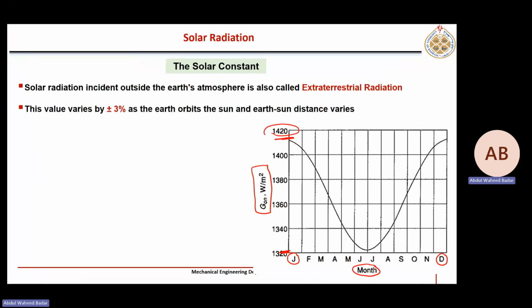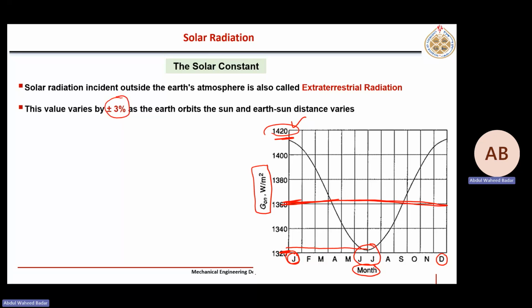Earth is nearest here. So this is a variation of about plus minus 3% from this average 1361 or 1367.